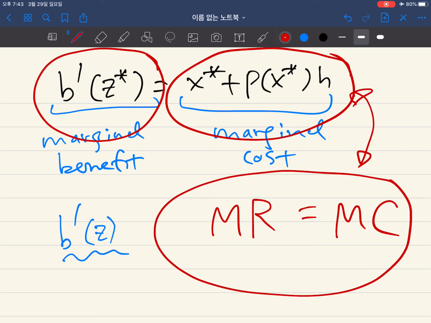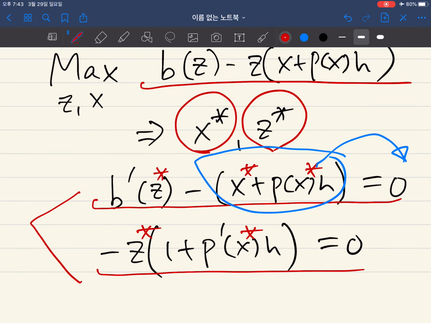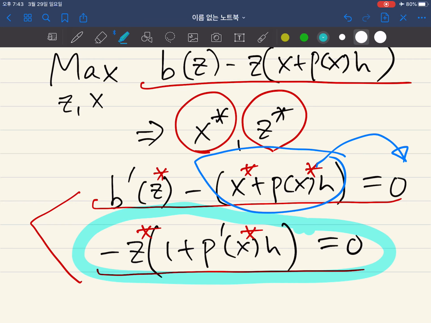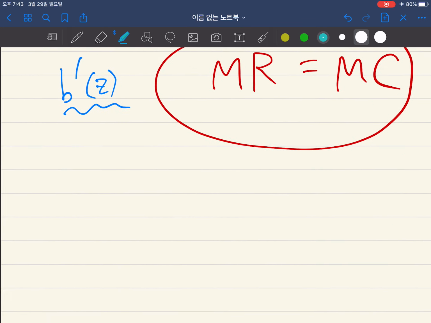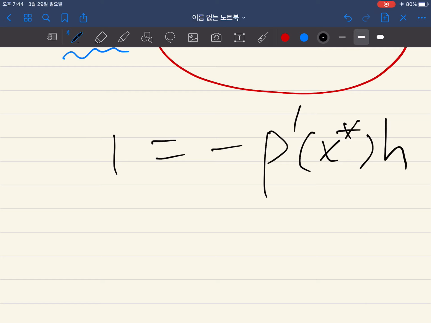And we're going to think about the second equation in the previous page. Look at this blue equation. You divide by minus g and move terms to the right hand side, then you get this equation.